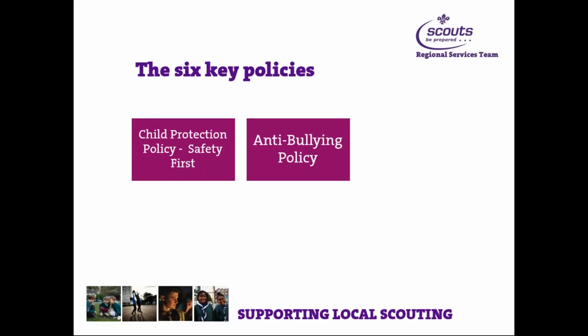Our next area of policy, anti-bullying. I've often wondered about this one. I think for groups where they have a bullying issue, they know all about it. The fortunate thing is there are lots of supportive materials available from headquarters if you've got issues within the groups, a group with bullying going on, and there's lots of useful handouts and support around the policy.